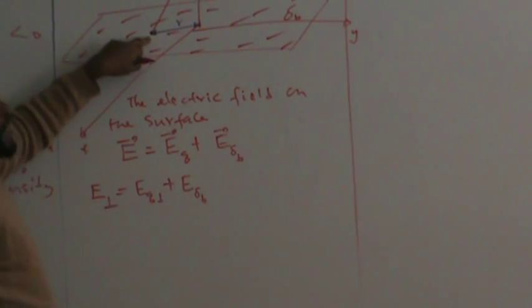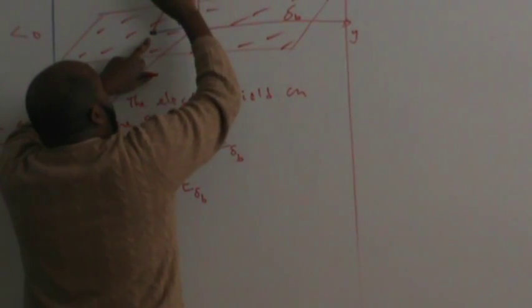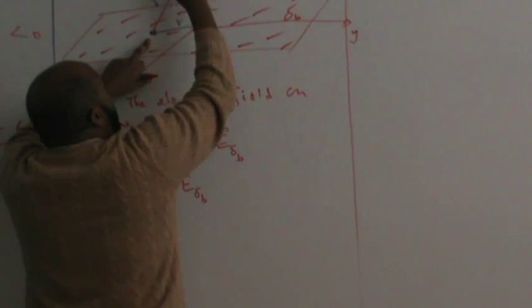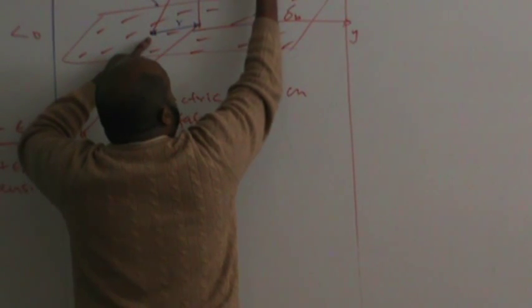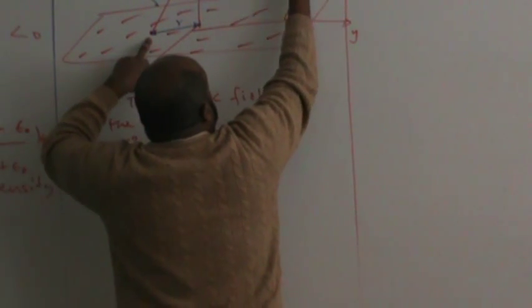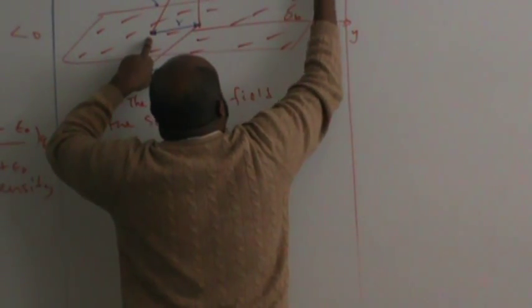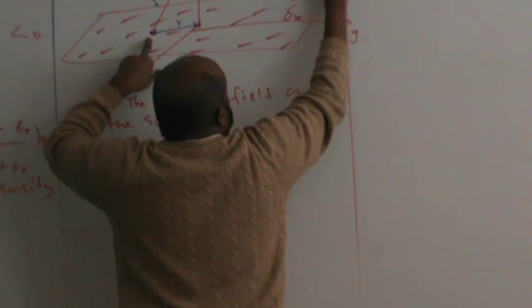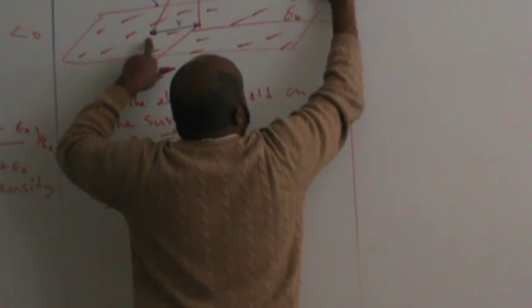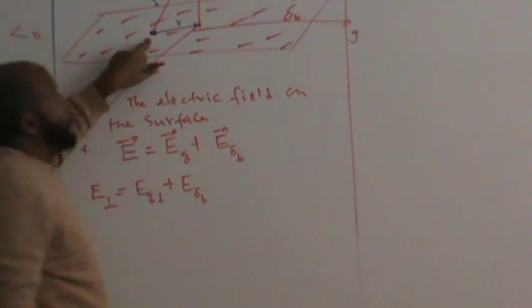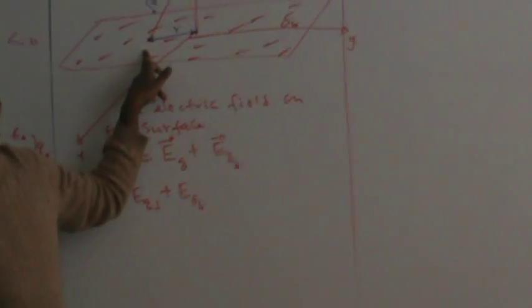Well, first, this length is going to be the root of r squared plus d squared, right? So the electric field at this point, E in general, is going to be Q over 4 pi epsilon naught times 1 over r squared plus d squared. That's the electric field of this point charge at this point.